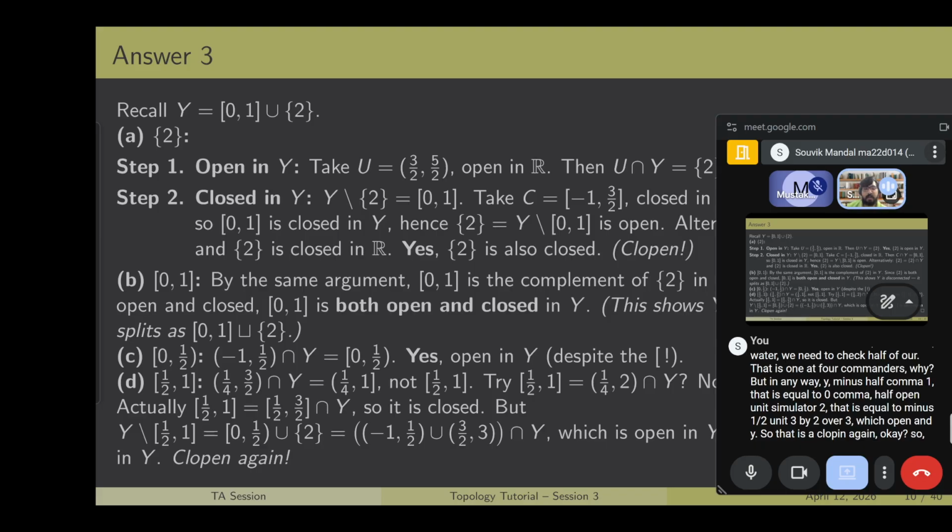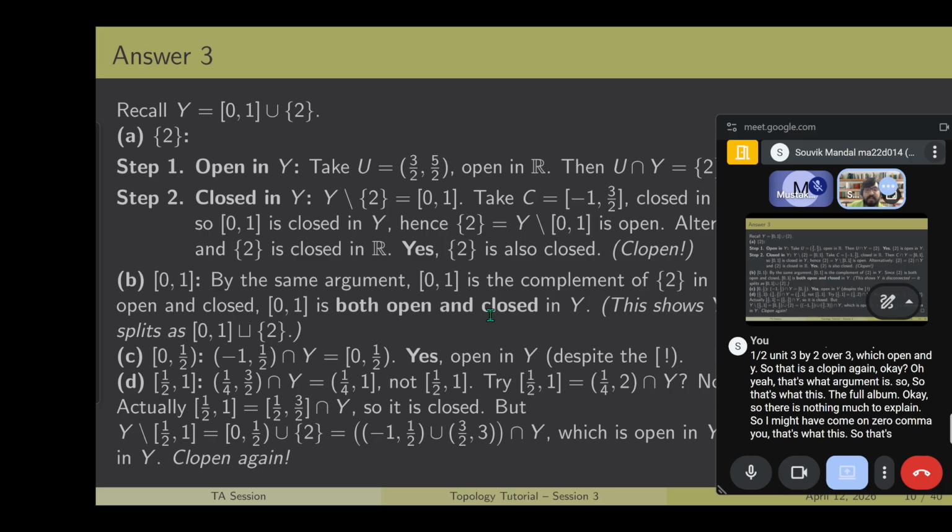So yeah, that's what the argument is. That's the full argument. Okay, so there is nothing much to explain. So Y minus [1/2, 1] is [0, 1/2) union {2}. That's open again.